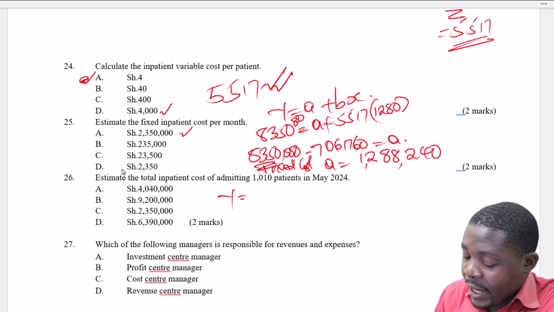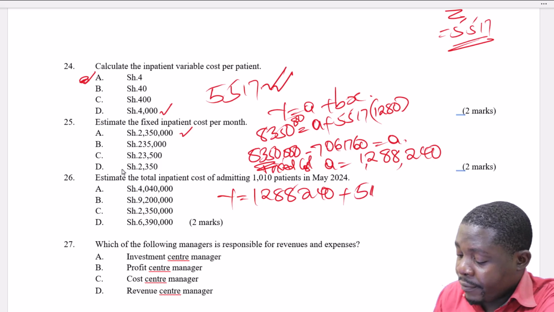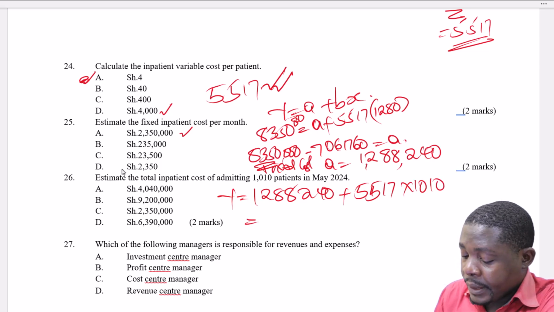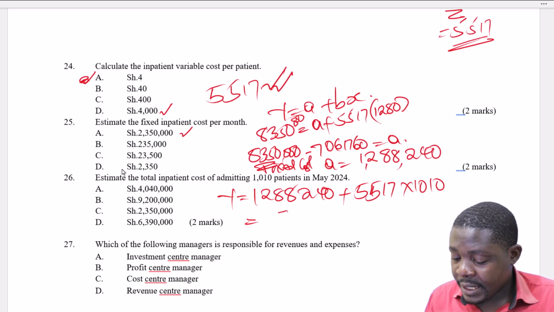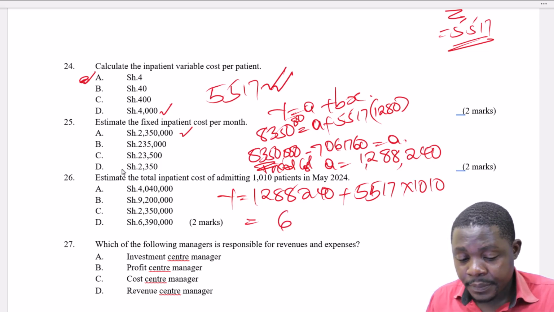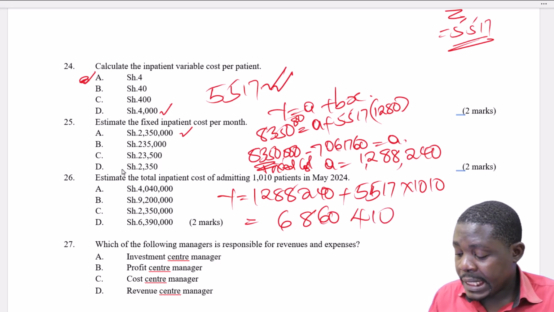Therefore, just pick y is equal to 1,288,240 plus 5,517 multiplied by 1,010. You have 5,517 multiplied by 1,010 plus 1,288,240, and the answer should be closer to 6,860,410.